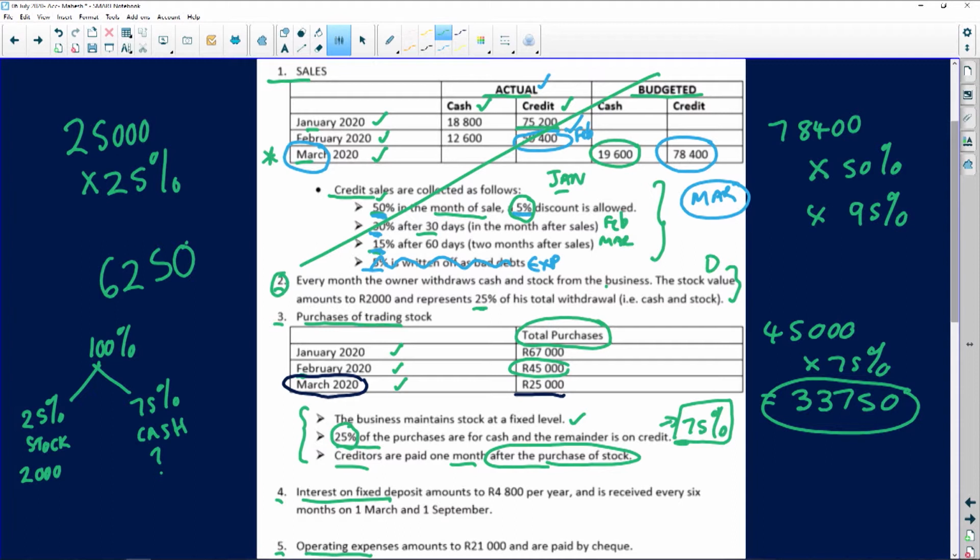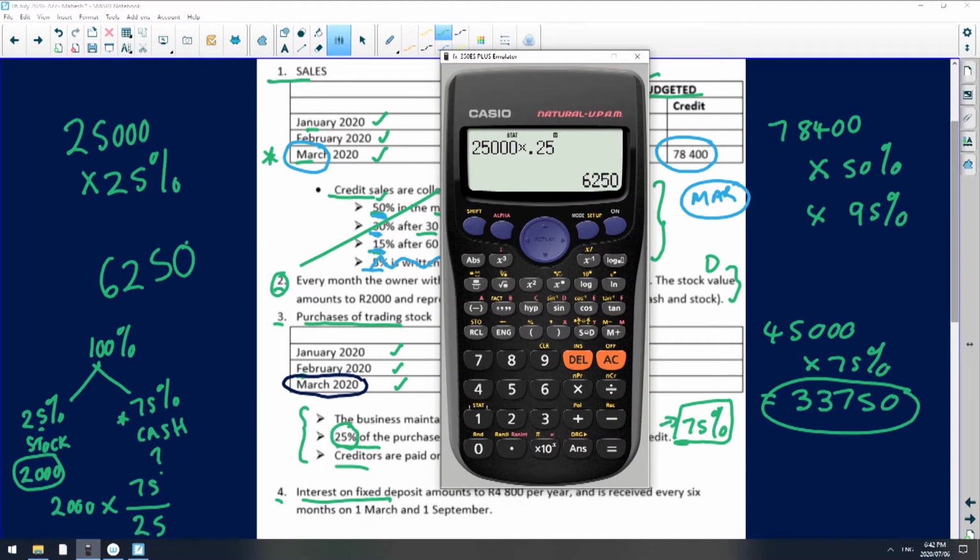So in order for me to calculate the cash that he has taken, all I'm doing is using the 2,000 times I want the cash amount. So I want 75% divided by I am given the 25%. Okay, so often you guys call this formula what I want divided by what I have.